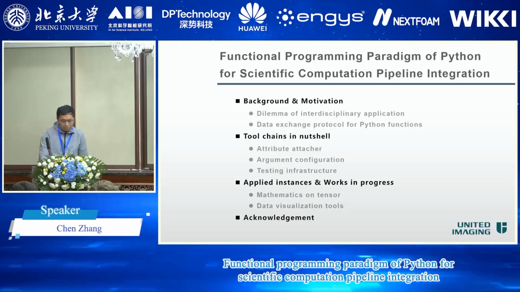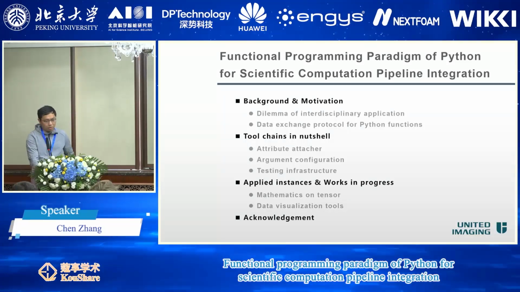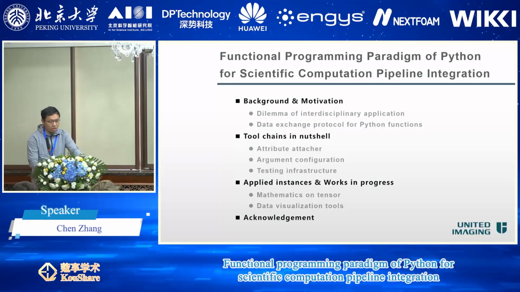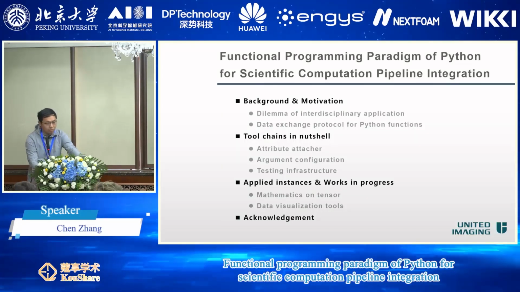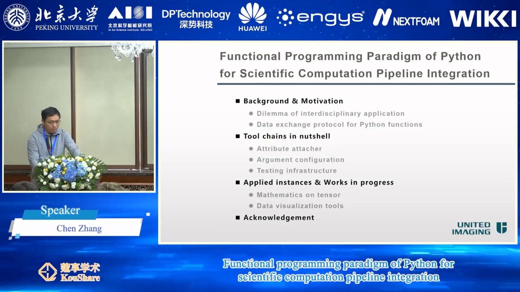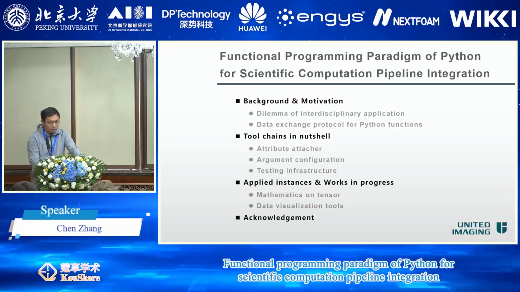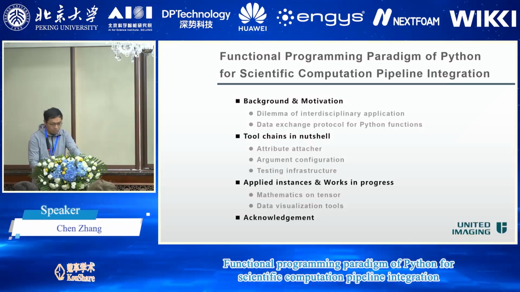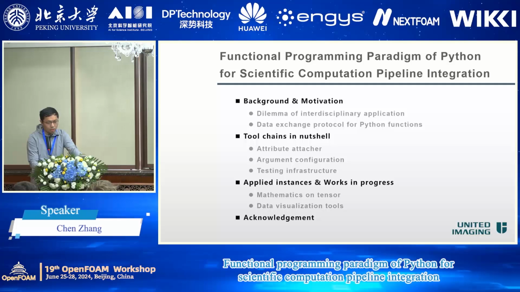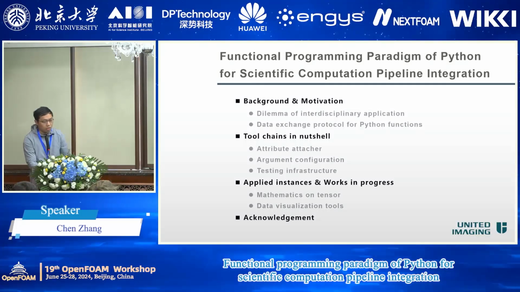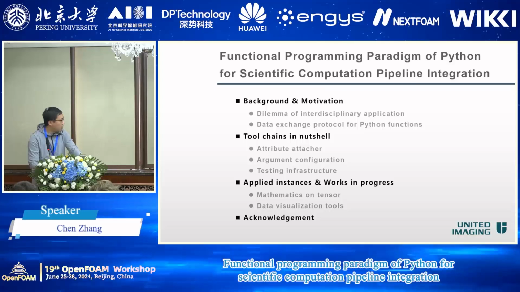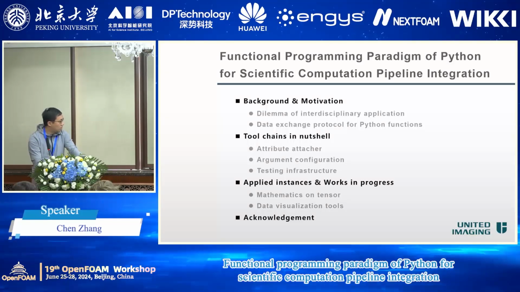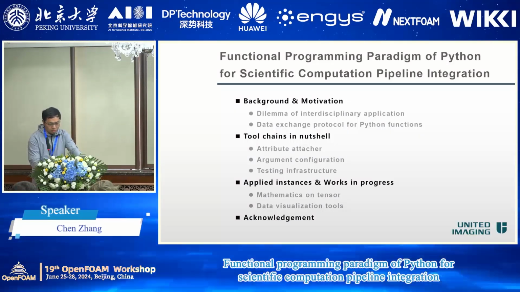In my presentation, I would like to introduce my work in aspects of its background and motivation, and the framework and its two chains designed to address those practical issues, and some applied instances and work in progress.